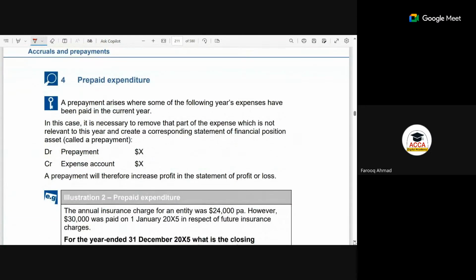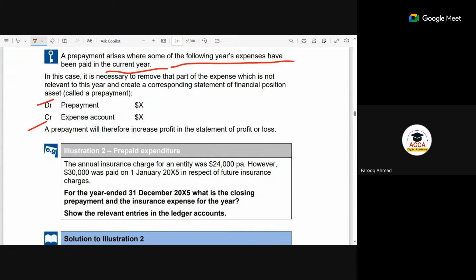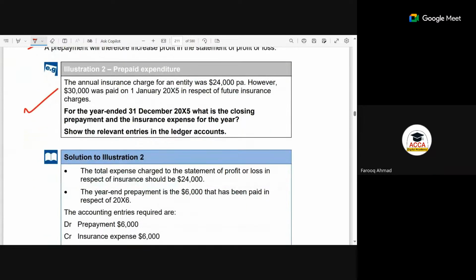Prepaid expenditure is the opposite. If you paid in advance, a prepayment arises when some of the following year's expenses have been paid in the current year. Prepayment will be debited and the expense account will be credited. This illustration will clear your understanding. The insurance charge for the entity was 24,000 per annum. However, 30,000 was paid on 1st January in respect of future expenses.